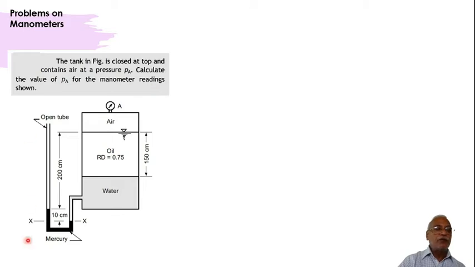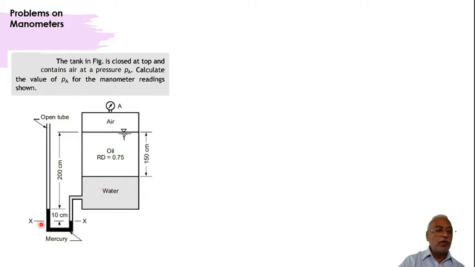Okay, now how to solve the problem? The idea here is to identify, make a note, we have to identify horizontal levels of the same liquid. Now do we have water and then the same level over here? No. Oil is above this, so there is no question.